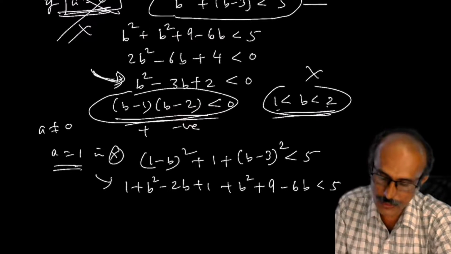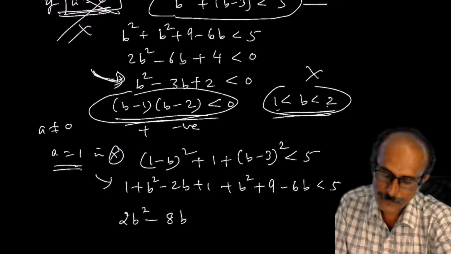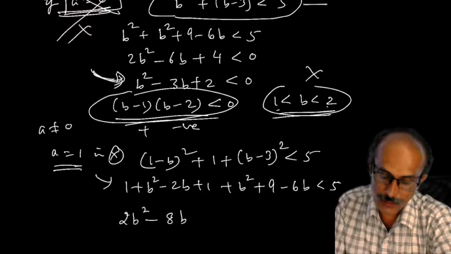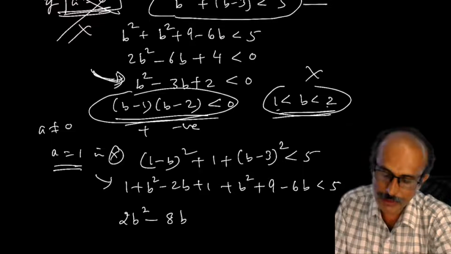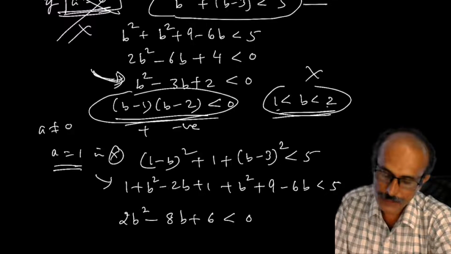So the quadratic is now 2b square minus 8b plus 1 plus 1 is 2, 2 plus 9 is 11, minus 5, that is 6, less than 0.